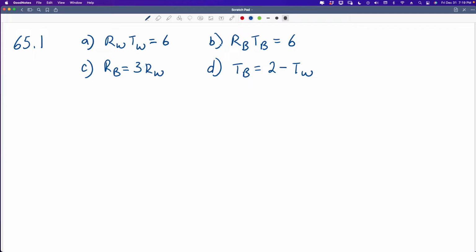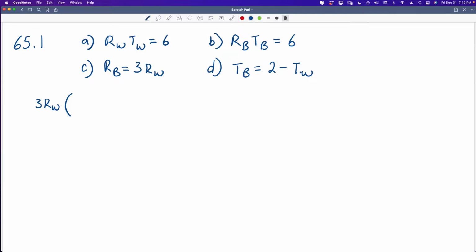All right, so we have four equations, and what we're going to do is find values that we can substitute in for others. So we're given the value of RB, and we're given the value of TB. So let's drop that into this equation and see if we can go ahead and solve for some of it. So RB is 3 times RW times, so that's RB.